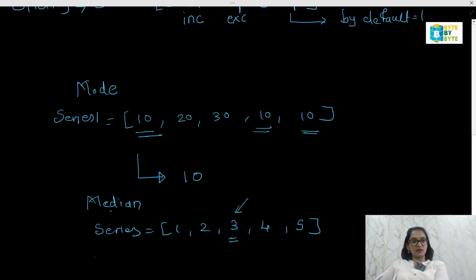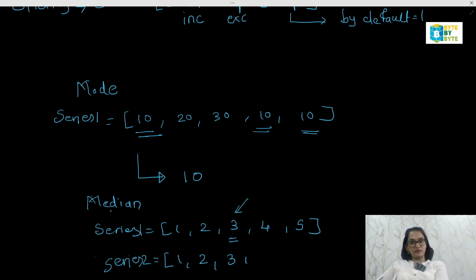But if you have a series like this with an even number of elements, the middle two values are taken out and their average is taken, that is 2.5. This is your median. This is how the median is calculated.